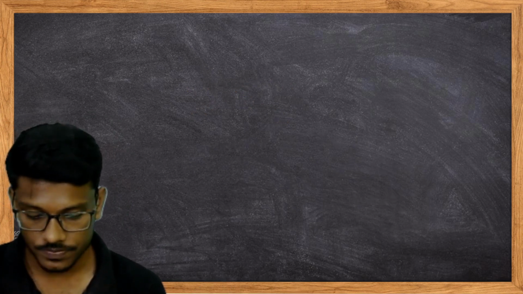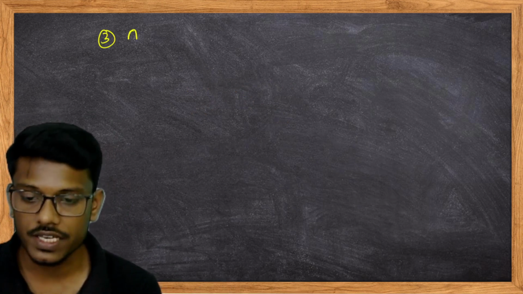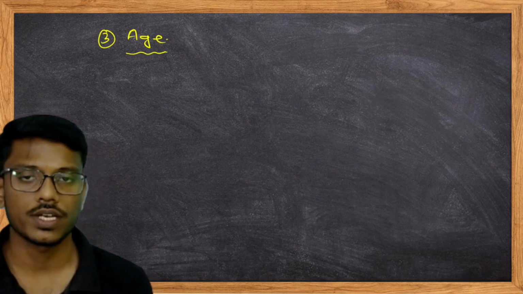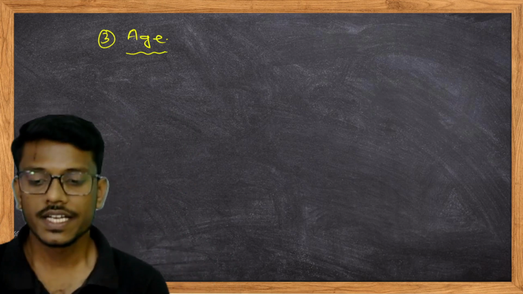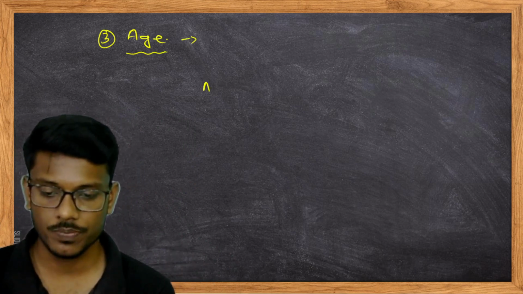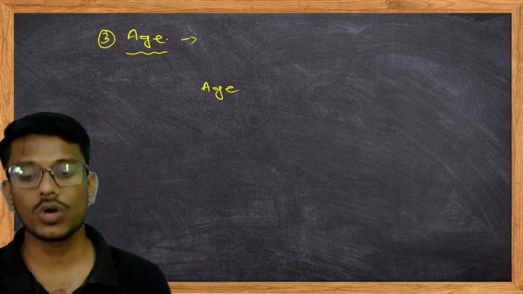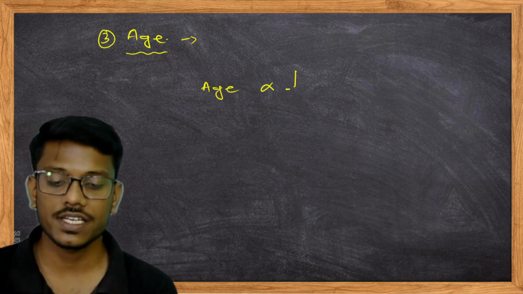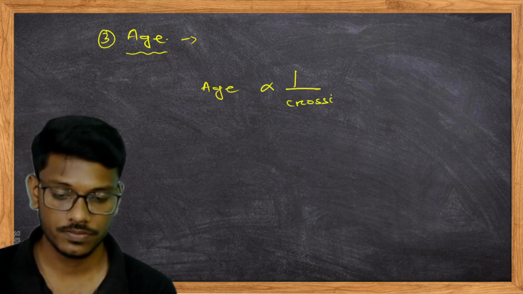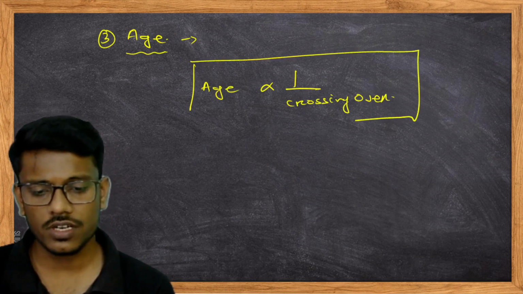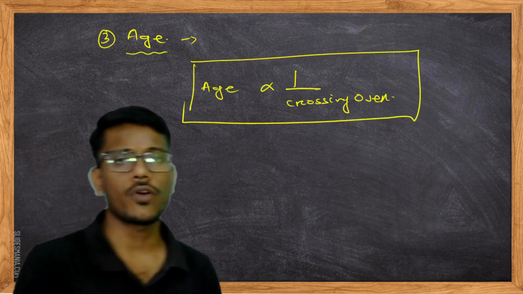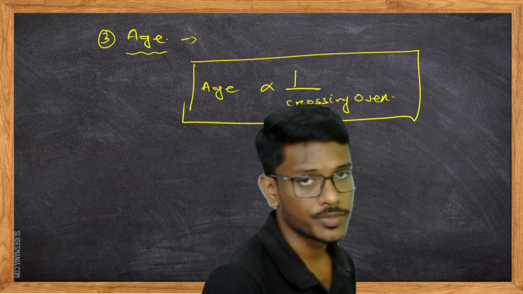The third one is the age of the individual. If you see, age is indirectly proportional. Suppose the individual has more age, then there will be fewer chances of crossing over. Crossing over is the normal process for an individual during gamete formation.